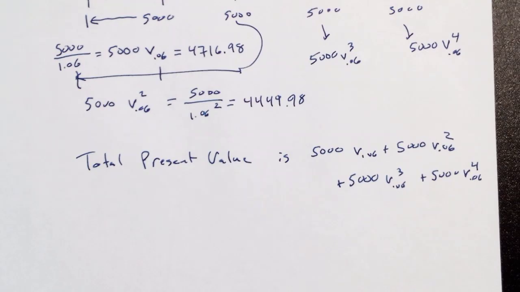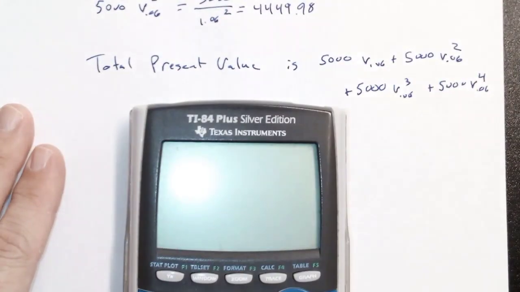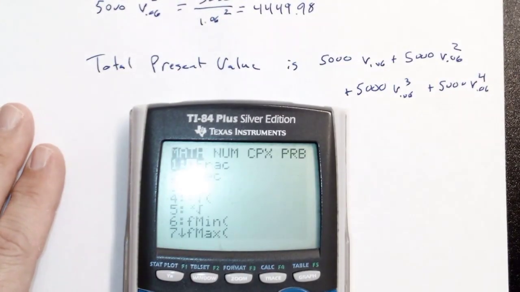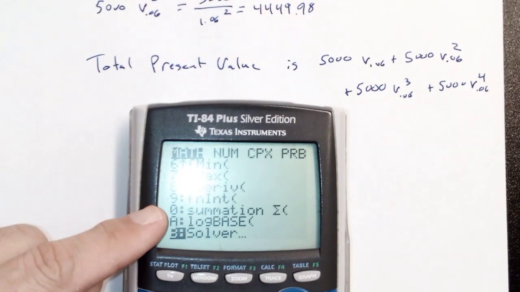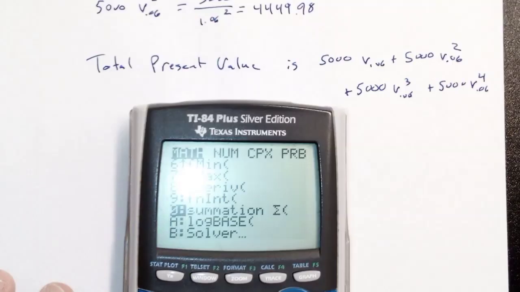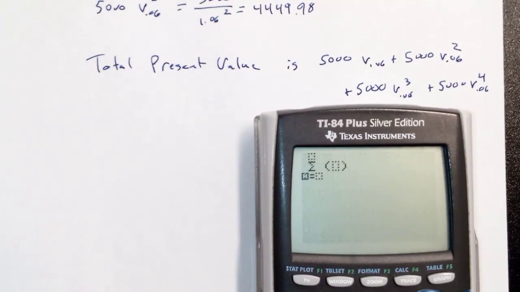And they all look pretty much the same. For your benefit on the calculator, there is, under the math option, a summation function down there at number 10. So if I can write this as some sigma, that'll make my life easier. And I can think of this as starting at 1 and going to 4.